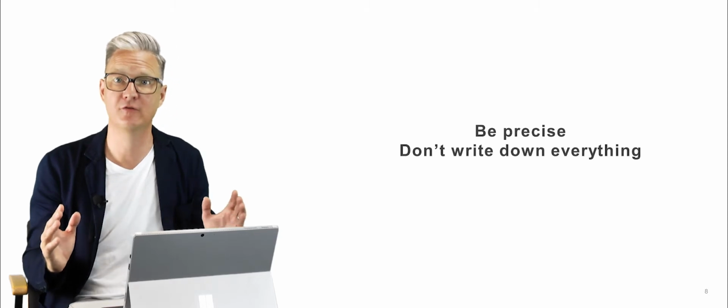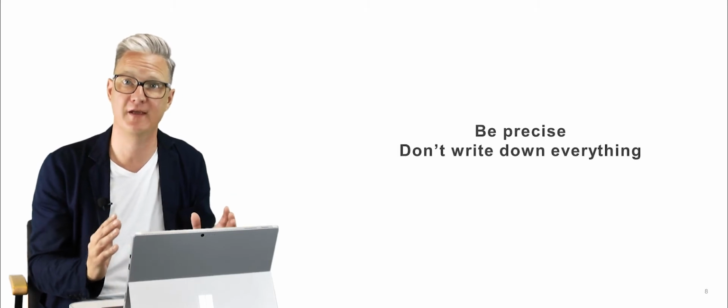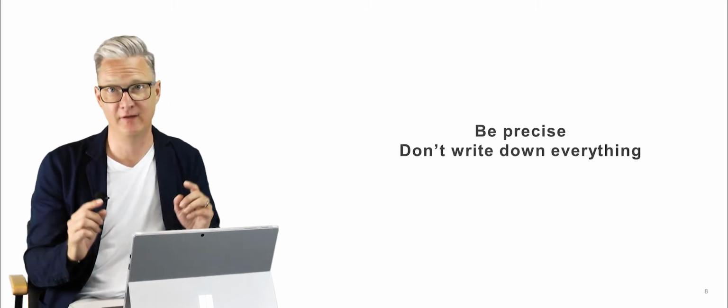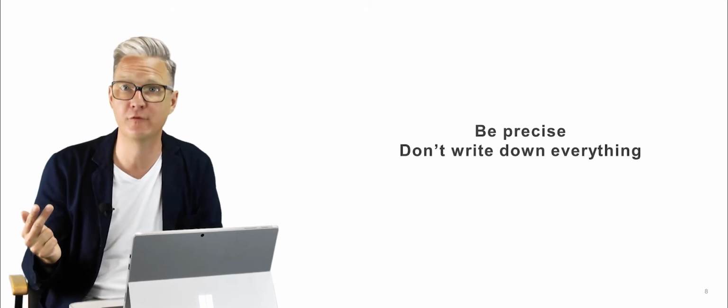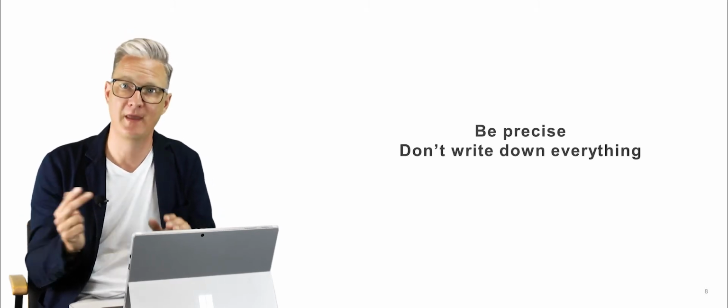You have 9 fields, and if you fill in the business model canvas, try to be precise. Try to use as few terms as possible, because if you imagine that you've got these 9 fields and you put only 3 or 4 pieces of information in every field, you have 30 to 40 pieces of information.